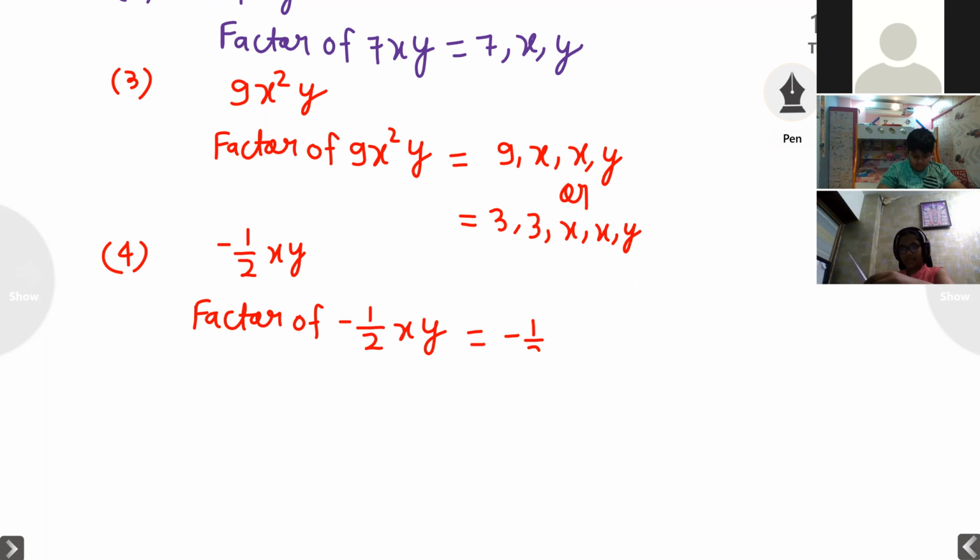Minus 1 by 2 we will write separate, comma x comma y. I hope there is no doubt how to find factor. Factor is very easy, students. Note down fast.